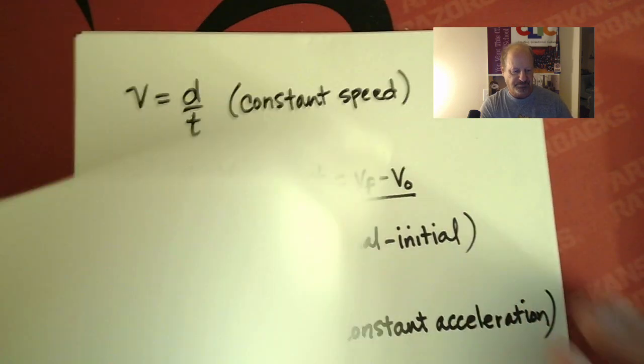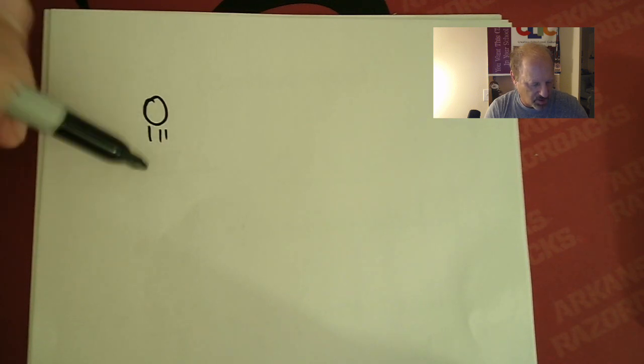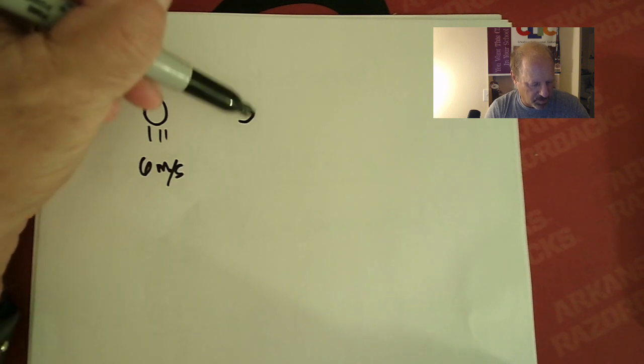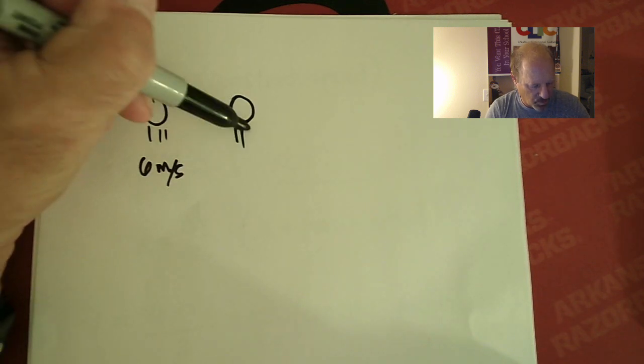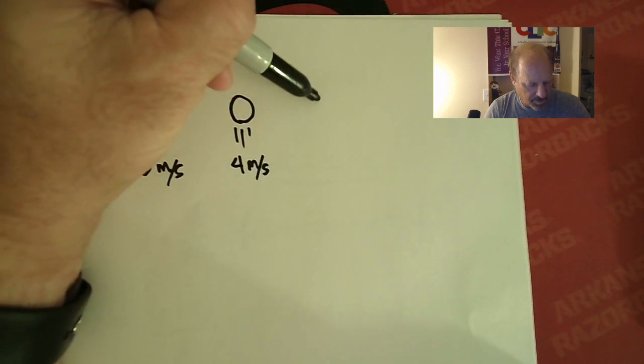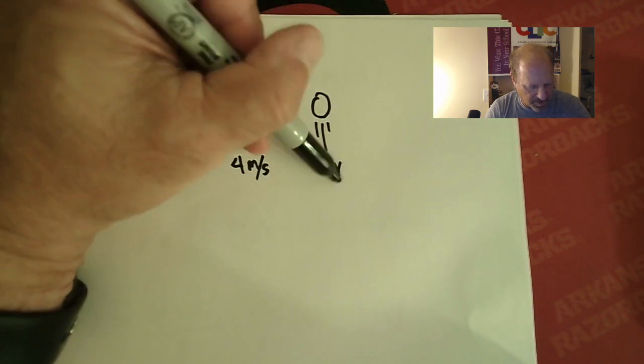So now, we had a question that said, which of the 3 things is traveling faster after 1 second? A ball that's thrown with an initial velocity of 6 meters per second up, a ball thrown at a velocity of 4 meters per second up, or a ball thrown at 1 meter per second up.